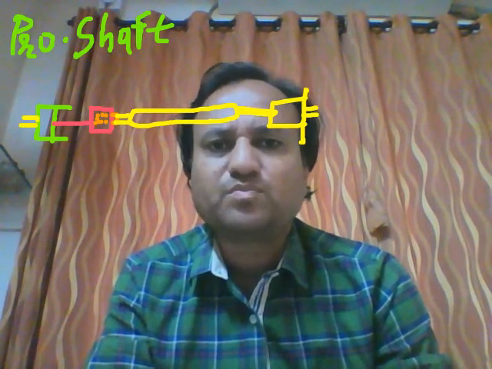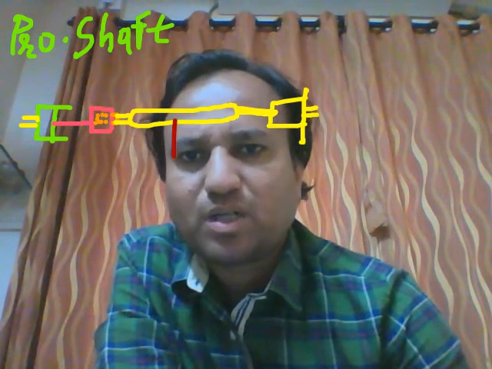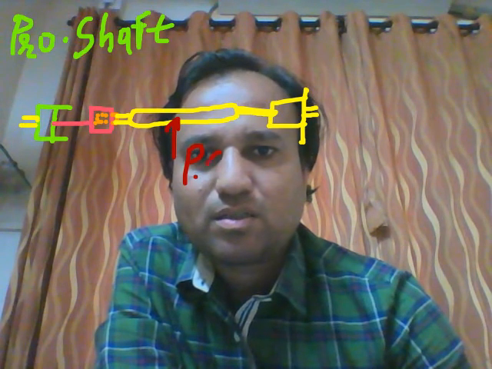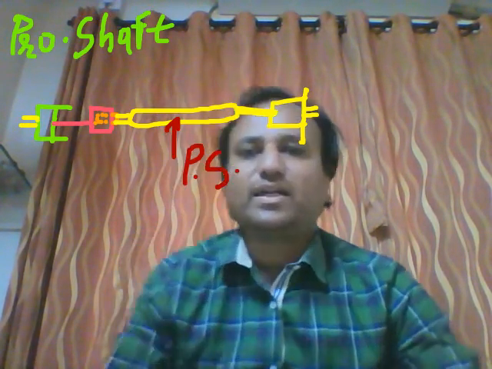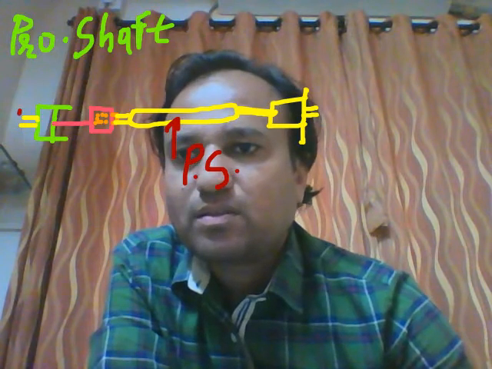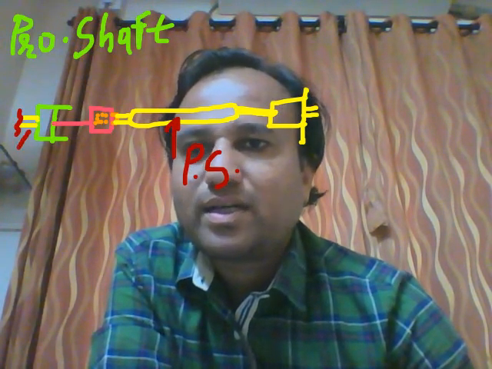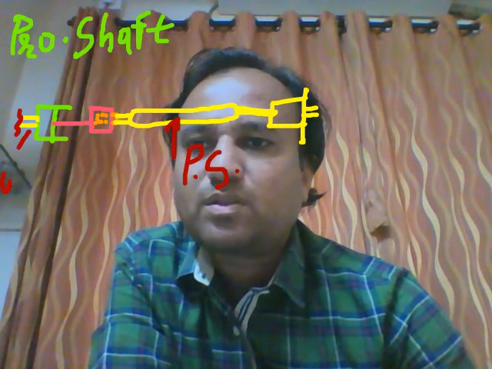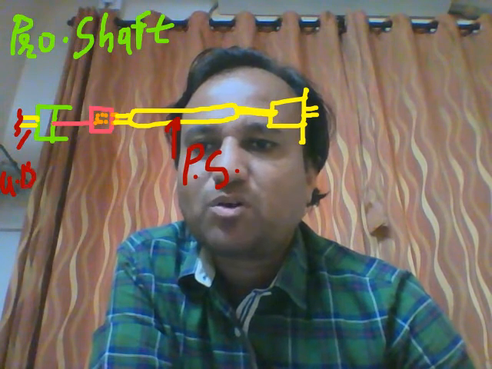So student, a generalized statement I will make: this is the propeller shaft. It is connected in between. This is the output from the transmission or gearbox, that is the main shaft of the gearbox.